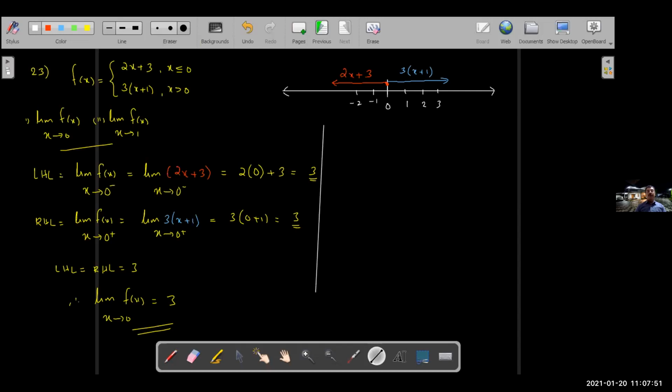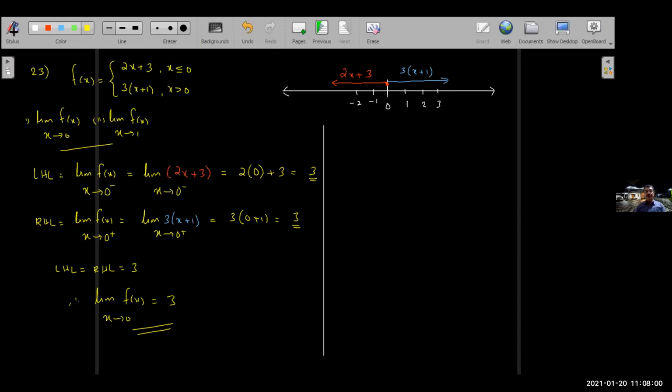So remember it, we find this left hand limit and right hand limit only if it's a partition point. It's a partition point means left of that point and right of that point the function is defined differently. If it is a separate definition, then only we need to take left hand limit and right hand limit. Otherwise, don't waste time in finding left hand limit and right hand limit.